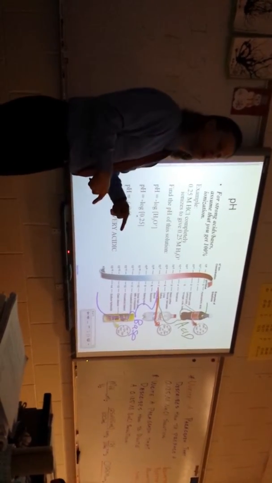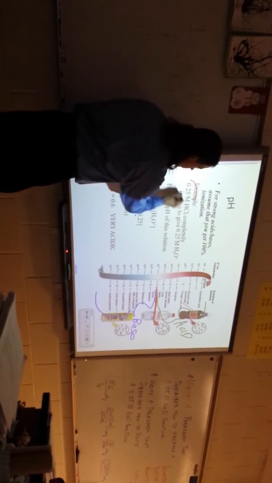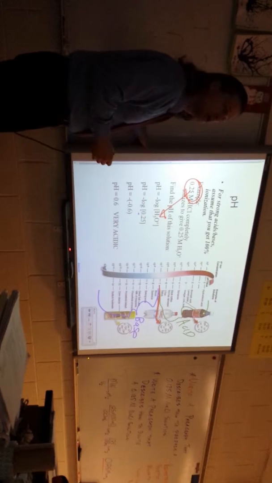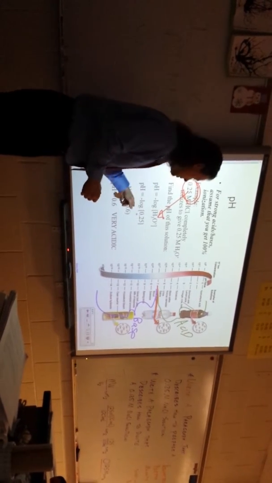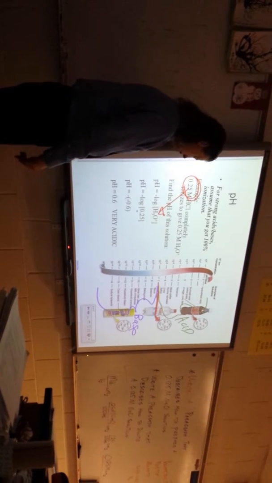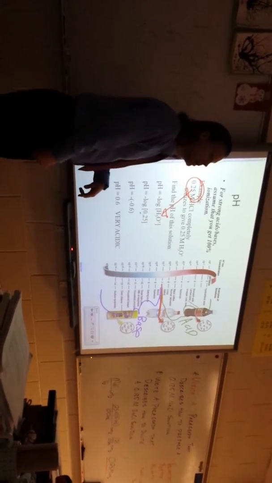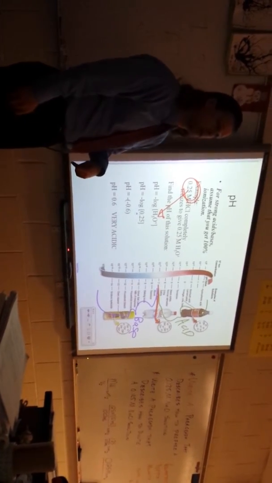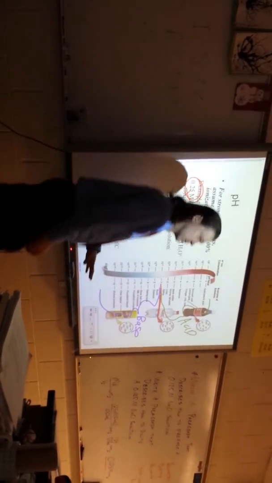We get to know the H3O plus. So this concentration of the acid is the H3O plus value in this formula. So I'm going to take pH is equal to, in this case, a negative log of 0.25, and that gives me a pH of 0.6, which is extremely acidic and actually quite dangerous.